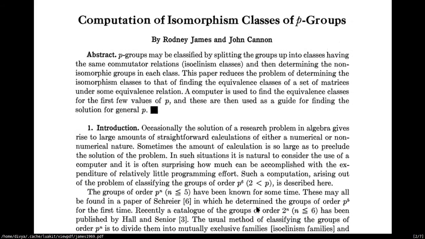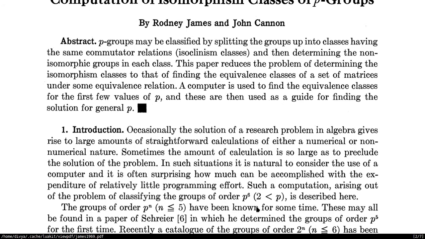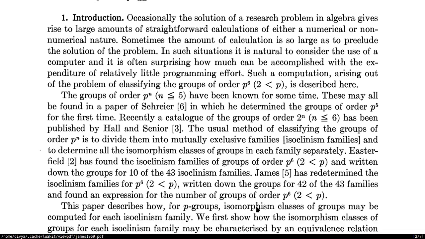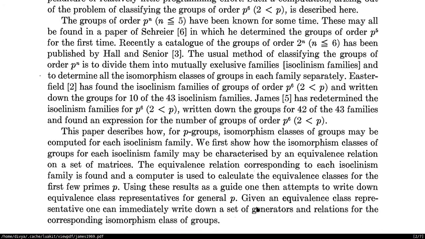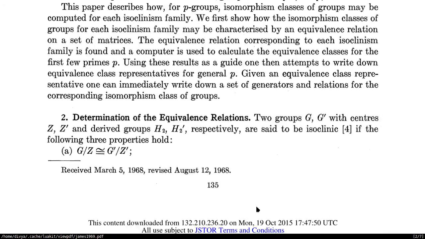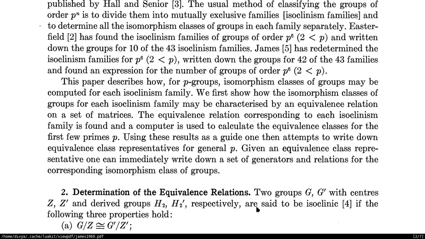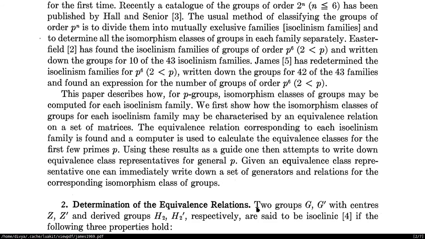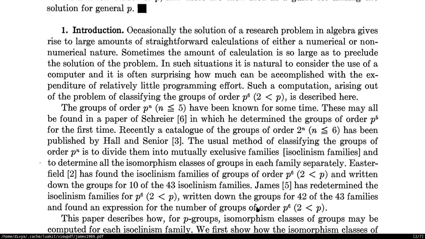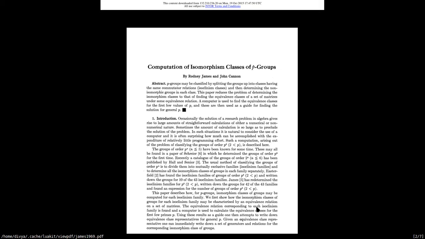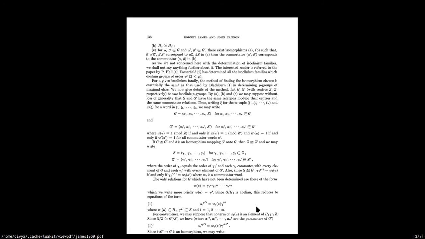But they're trying to find equivalence classes for some values of P. And then for any P, they have kind of this formula or something. And they're using matrices. I don't know what they're doing with matrices.